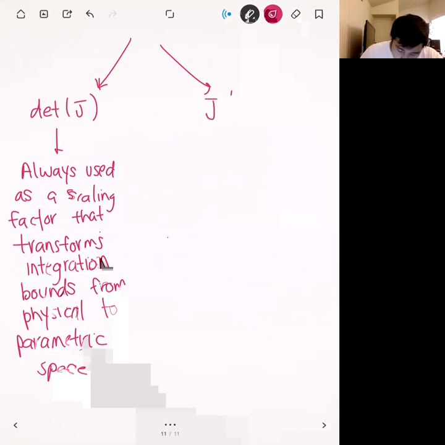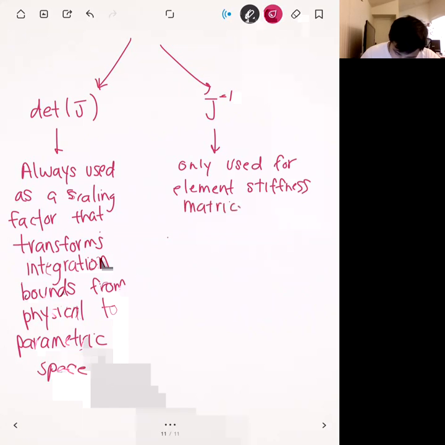The other one that we use is the Jacobian inverse, which you just saw. This is basically only used in the computation of element stiffness matrices. What it's used for is to transform the derivatives from the parametric space to the physical space.